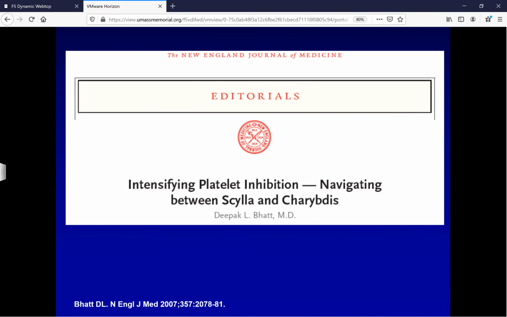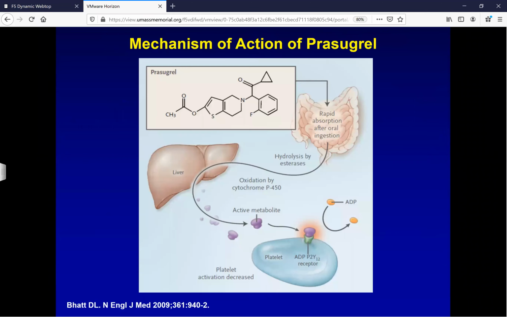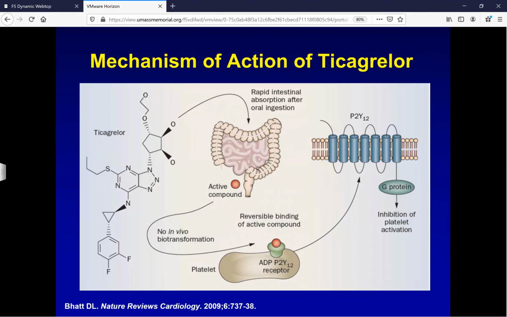So what we found in 2000s is that if you intensify the platelet agent, you have less events. As you can see here, where is the TRITON? Again, I'll show the results later.